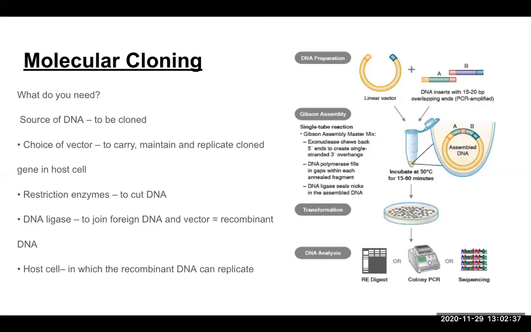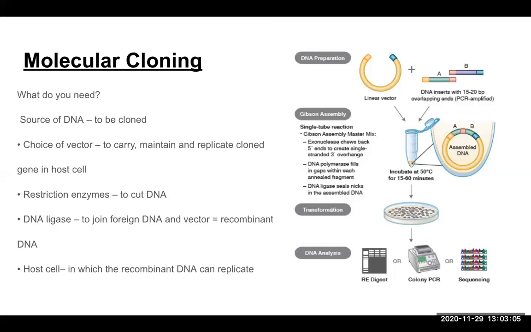So the sticky ends are going to be different segments of DNA that contain an overhang and can be easily ligated with the enzyme ligase. So that's the next component that you're going to need for molecular cloning. This will just join the foreign DNA and the vector to make the recombinant DNA. And then you're going to need a host cell. Usually you'll use some type of bacteria.